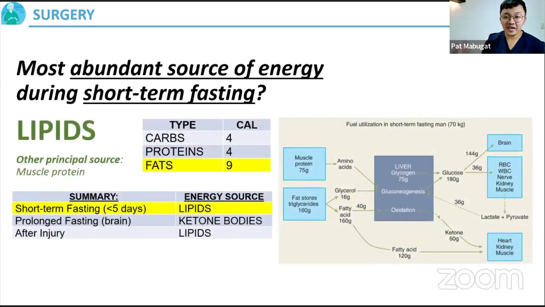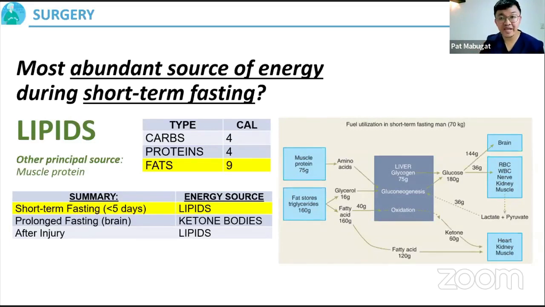I think the confusion here lies in that we know glycogen is usually used for short-term fasting, but the question is specifically asking for the most abundant source. If you can see in this diagram, glycogen only has 75 grams to spare in an average 70 kilogram person. However, your fatty acids, your triglycerides, can contribute around 120 grams of fatty acids.